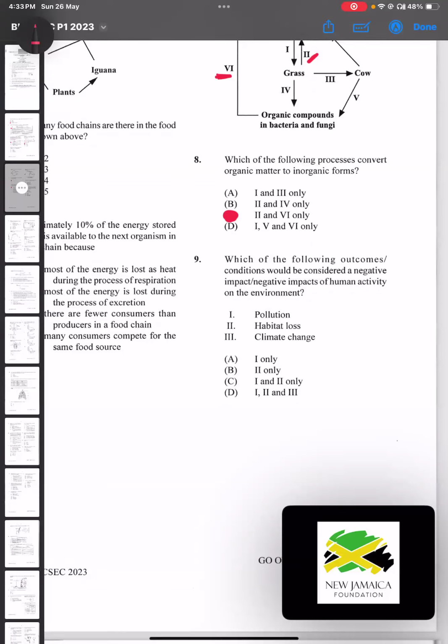All right, so in that case, we're going to have to go with 1, 2, and 3, because all of these things that we see here are caused by human activities. Pollution, habitat loss, whether you're clearing land for human activities, and climate change is a result of pollution. So all of them are linked with human activities. So D would be the most appropriate answer, all of them.